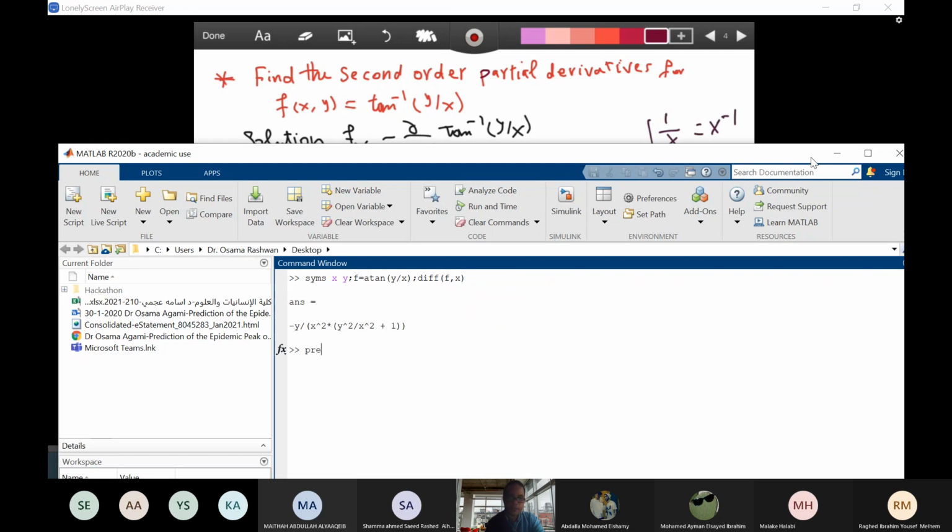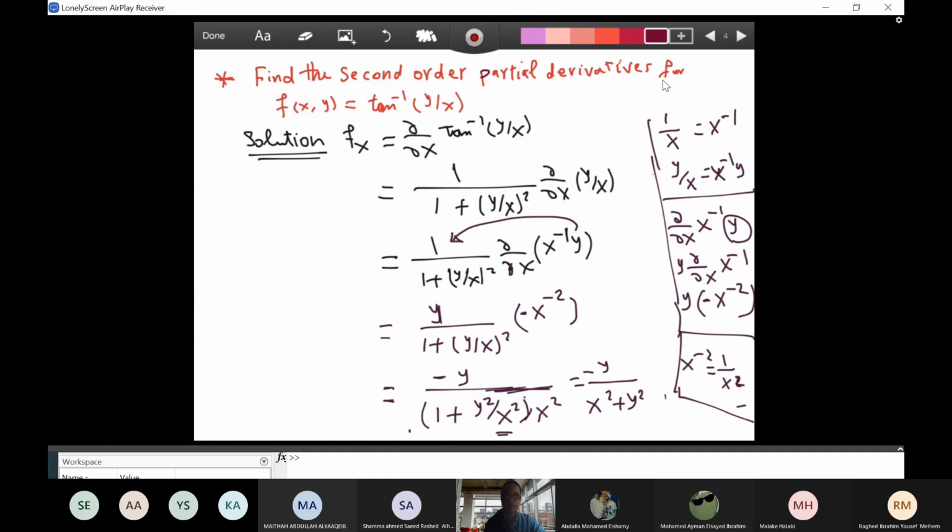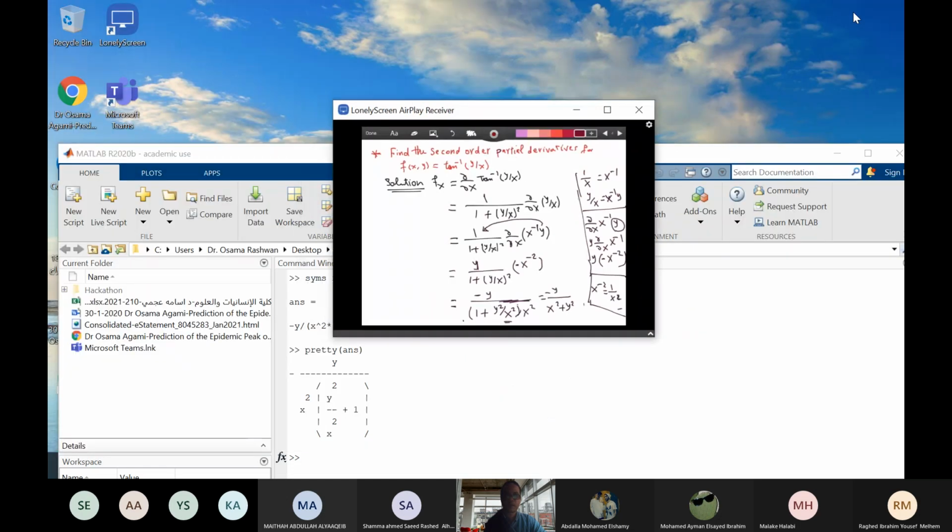Can we use pretty to read it in math mode? Pretty, my answer here. I prefer to call it fx, right? It is the same answer as ours here: minus y over x squared plus y squared. Yes, this is before we multiply. So the same answer, right?